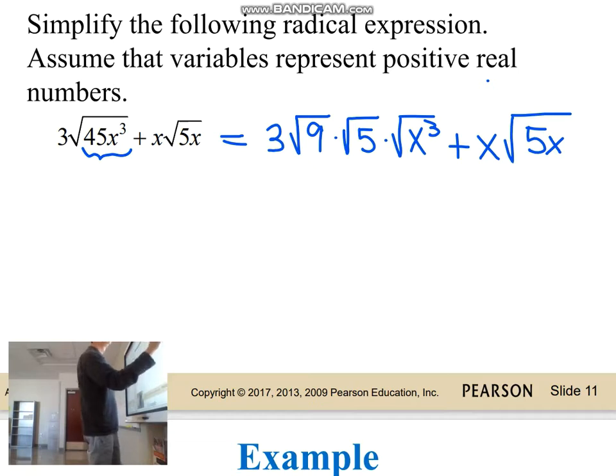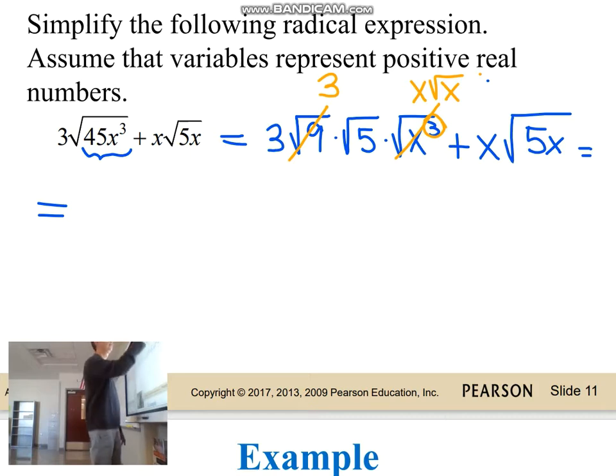That's okay. Check the square roots that we can simplify: the square root of 9 is 3, and the square root of x cubed is going to be x square root of x, right? x square root of x.